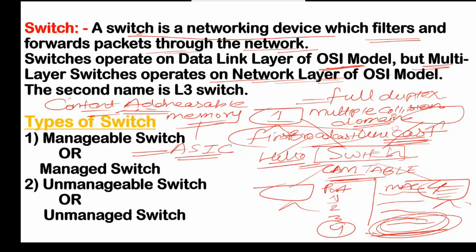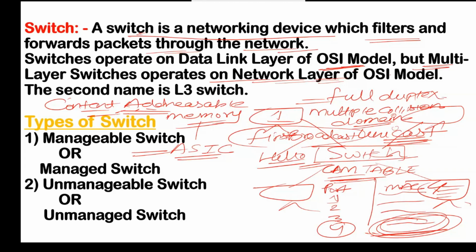That type of switch is mainly used in companies like ISPs, internet service provider companies. They use it for purposes like, suppose you recharge your number with a specific plan like 399, and in that plan you get 1.5 GB data per day for, suppose, 56 days.